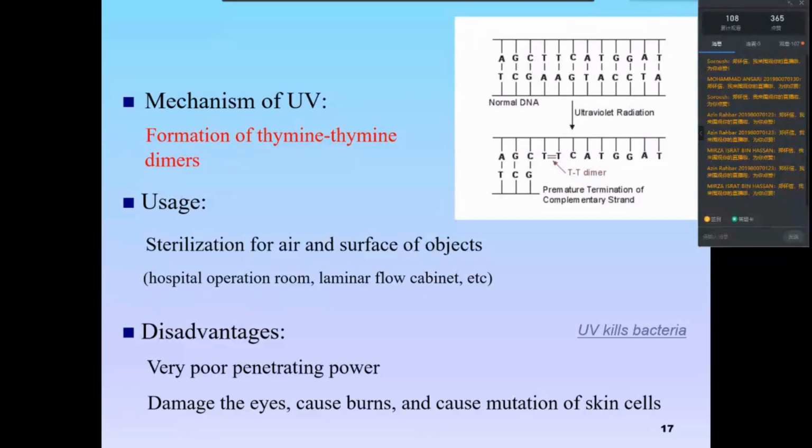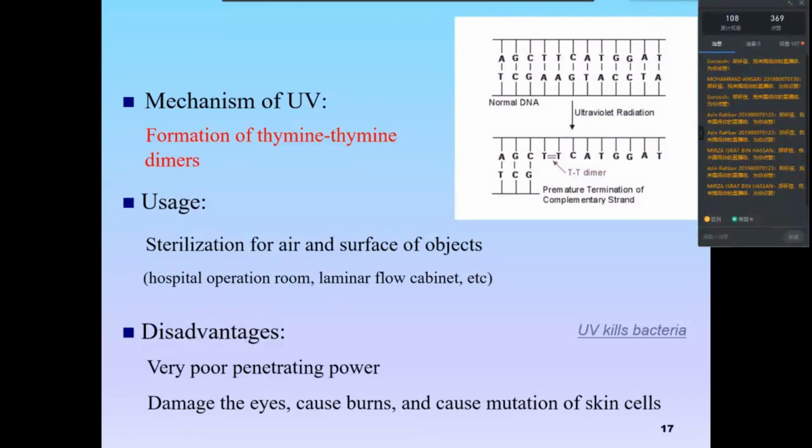So that's useful. But the disadvantage of UV light is that the penetration ability is very poor. It can only shine on the surface. It cannot go deep inside the objects. That's because the UV energy is still not high enough.